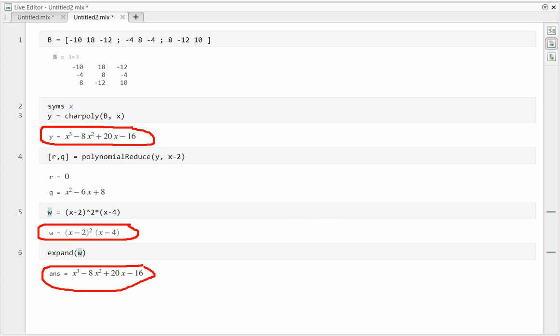So now I'm clear. I know that I have an eigenvalue of lambda equals 2, and that I also have an eigenvalue of lambda equals 4. And those are the only ones, right? The only eigenvalues I can find have to be from the characteristic polynomial. Now, this factor has a multiplicity of 2.